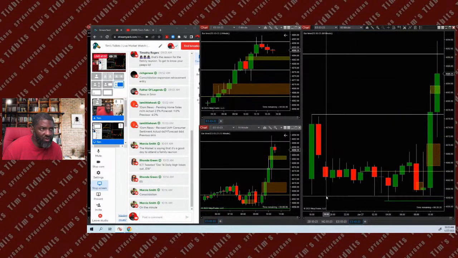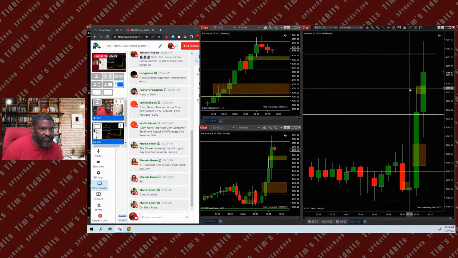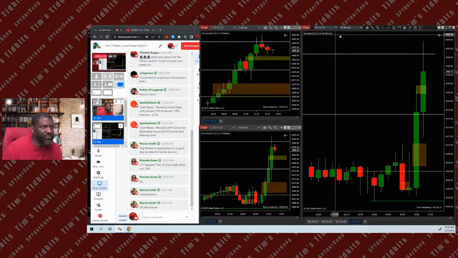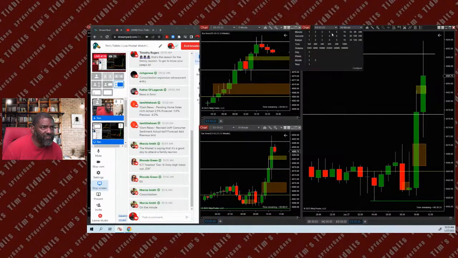On the 60-minute, got a real long wick on that candle. Still got 40 minutes left on that candle. Plenty of time left on that candle.